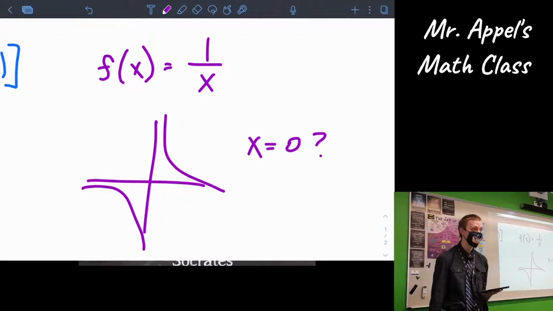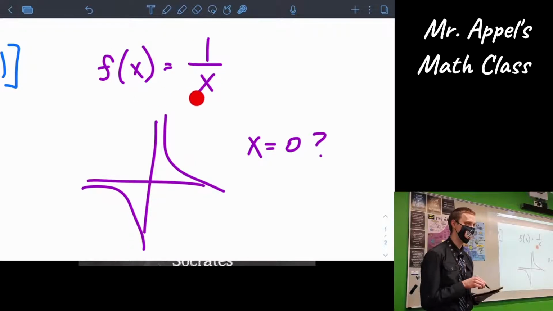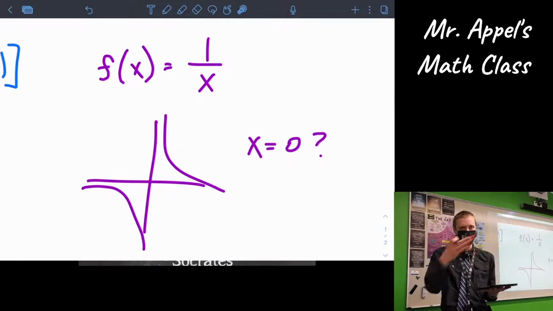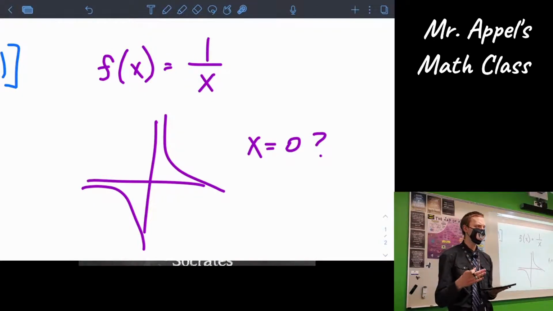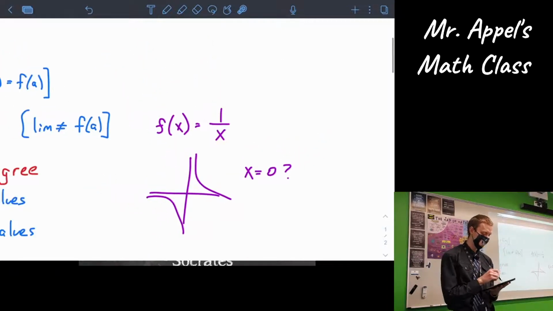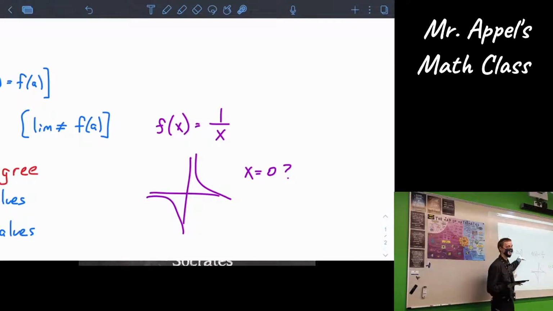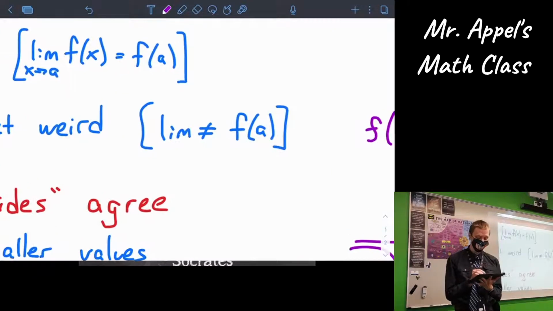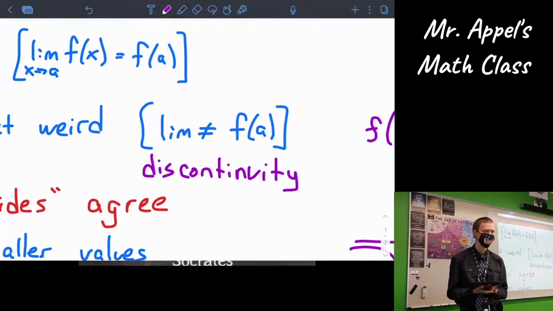Stuff breaks, right? I can't put 0 into here. You can't divide by 0. You'll break things, okay? So how do we know that the function is broken? How do we define, hey, there's an issue here? We use this. We say the limit as x approaches 0 will not equal the function, right? And we get some form of a discontinuity. Okay.